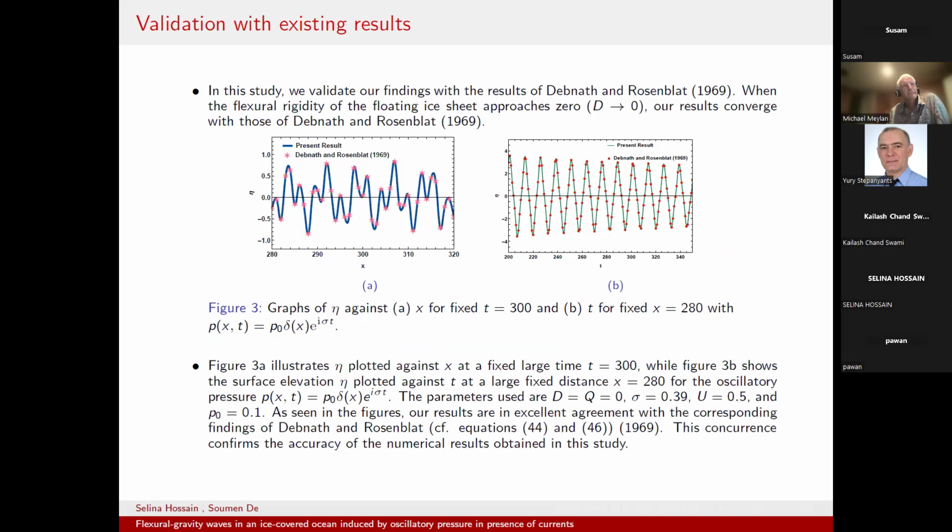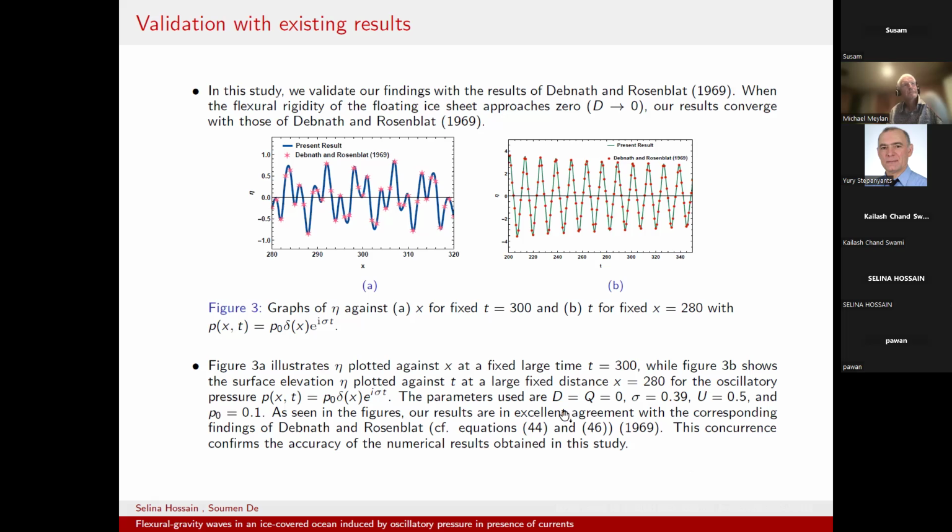Validation with existing results. In this study, we validate our findings with the results of Debnath and Rosenblatt. When the flexural rigidity of the floating ice sheet approaches 0, our results converge with the results of Debnath and Rosenblatt. Figure 3a illustrates eta plotted against x at a fixed large time t equal to 300, while figure 3b shows the surface elevation eta plotted against t at a large fixed distance x equal to 280 for the oscillatory pressure p(x,t) equal to p0 delta(x) e to the power i sigma t.